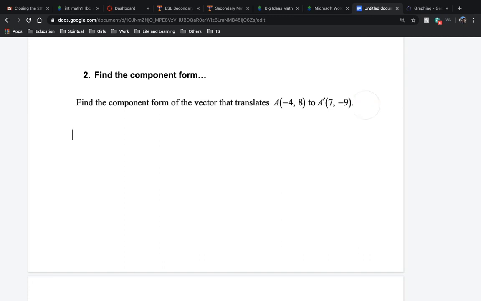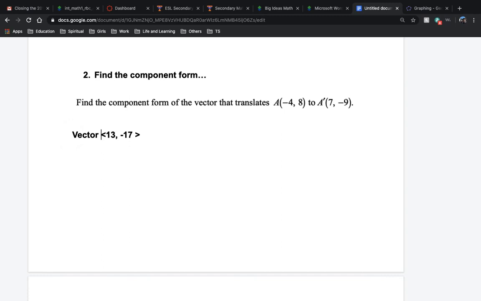Well, I just need to make sure that I understand what is going on in both parts. From x, in x you start from negative 4 to 7. It has a difference of 13. So it's 13, the horizontal vector, and then on the y side it went from 8 to -9. That is, I am going down 17 units. This is the component form.